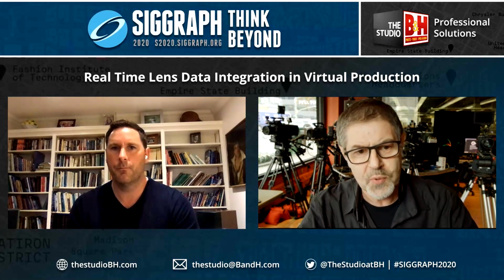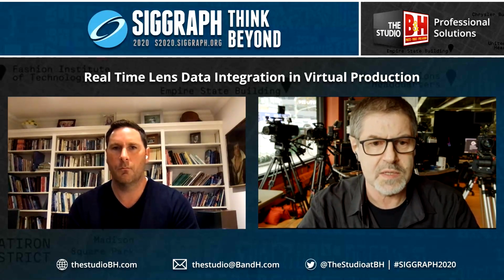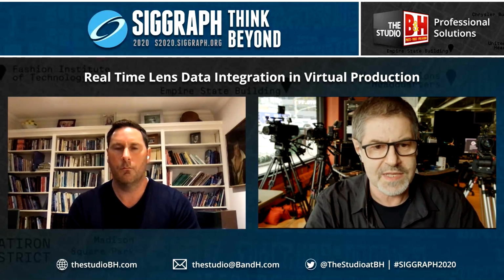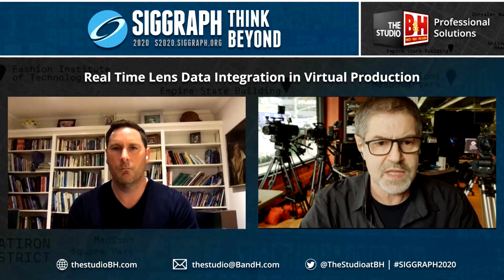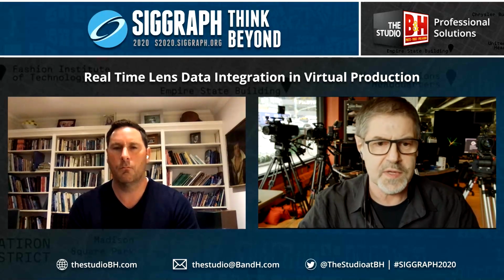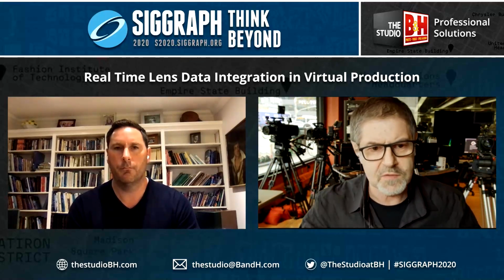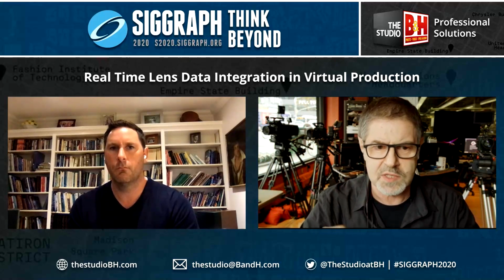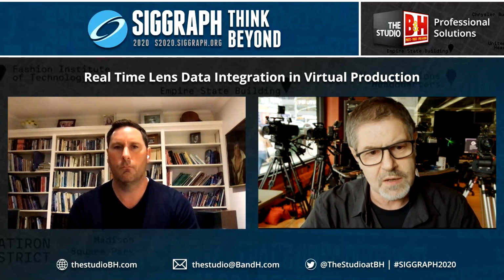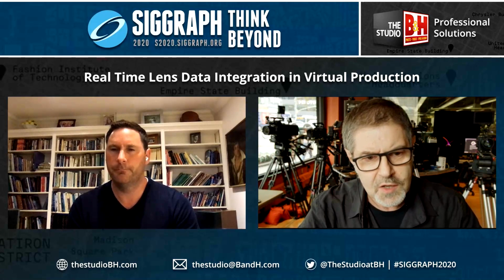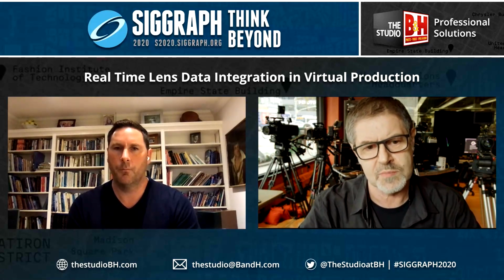So from your point of view, tell us how important it is to integrate lens data, lens metadata, anything that relates to the depth of field, the focus, the distance, the spatial environment, how it is being seen, the distance between objects. How important is it for the streamlining of your products to make sure that you get that data in real time?